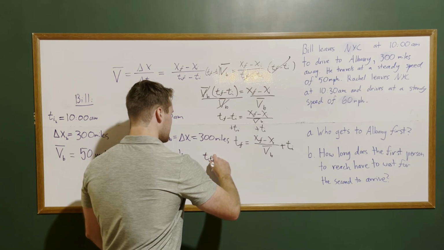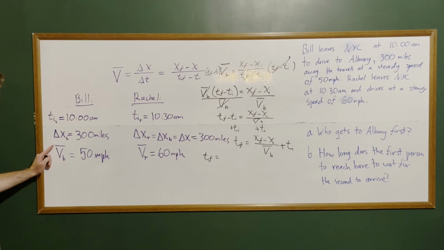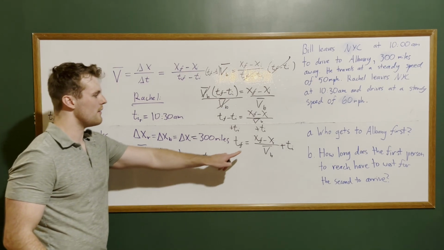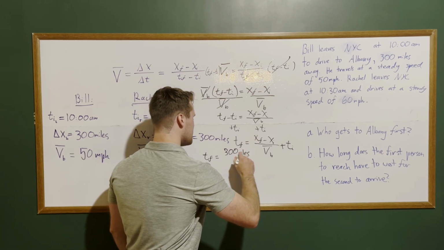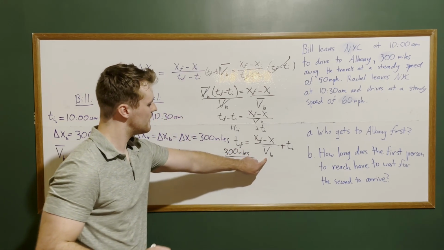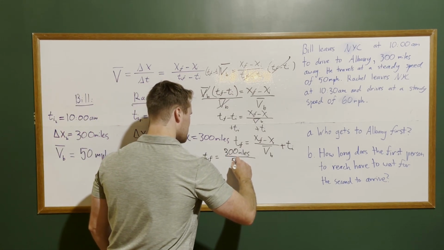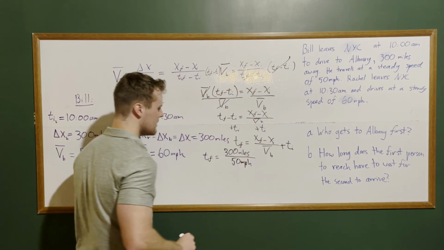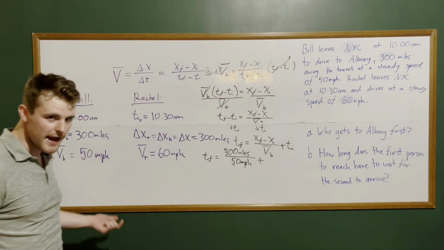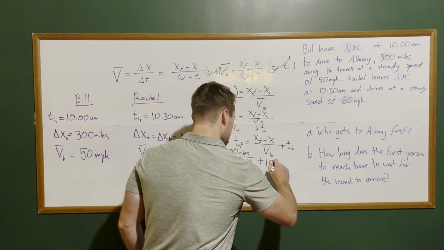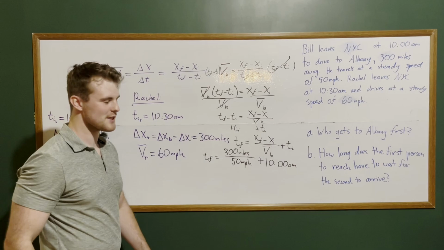T sub f equals x f minus x i, which is the same thing as the change in displacement. So I'm going to substitute this value in for our numerator: 300 miles over v bar sub b, which we defined to be 50 miles per hour, plus t sub i, which of course is 10 a.m. Okay, what does this give us?